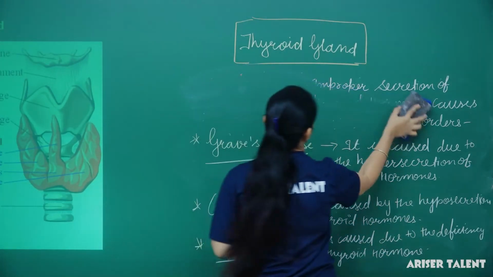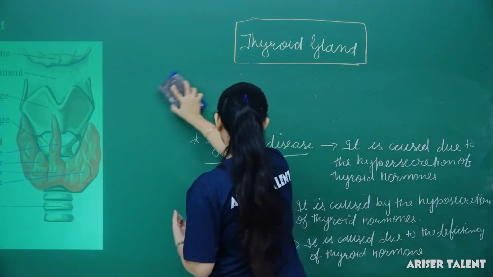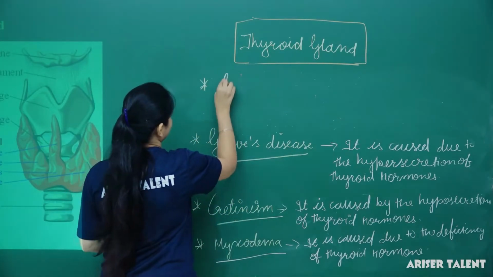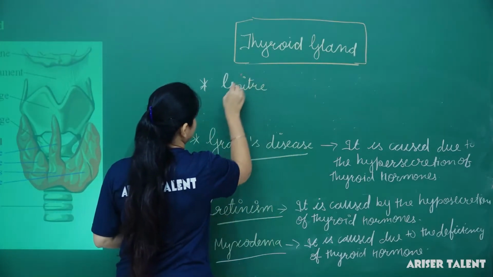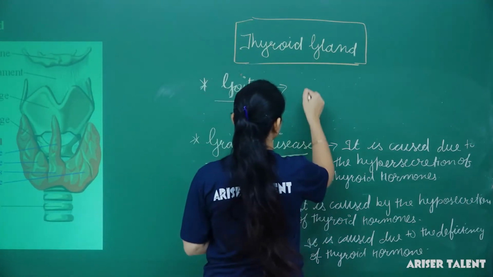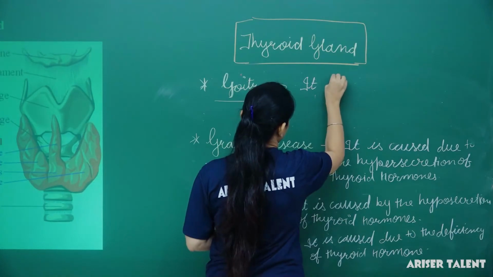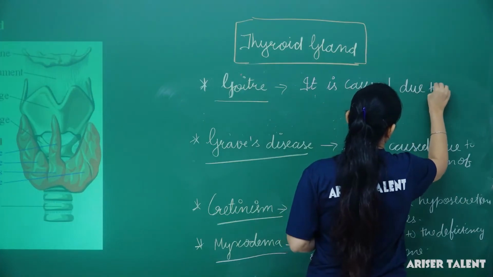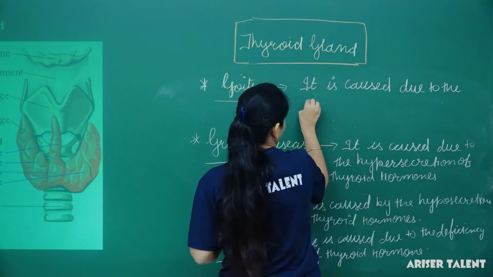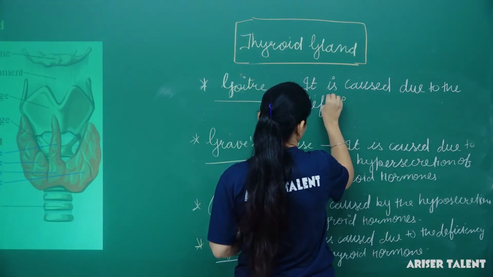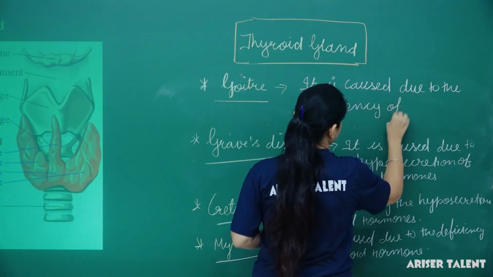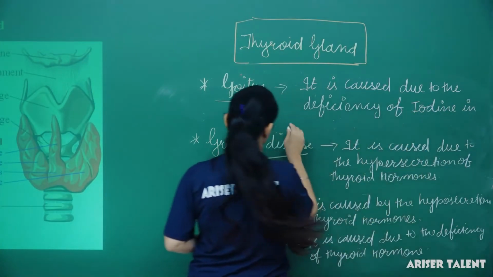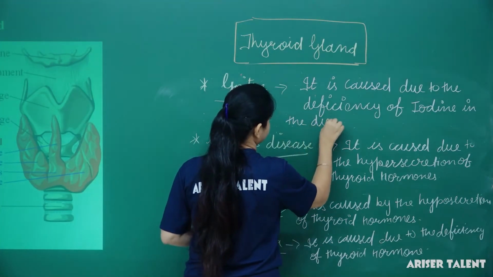Next is the fourth disorder, goiter. It is caused due to the deficiency of iodine in the diet.